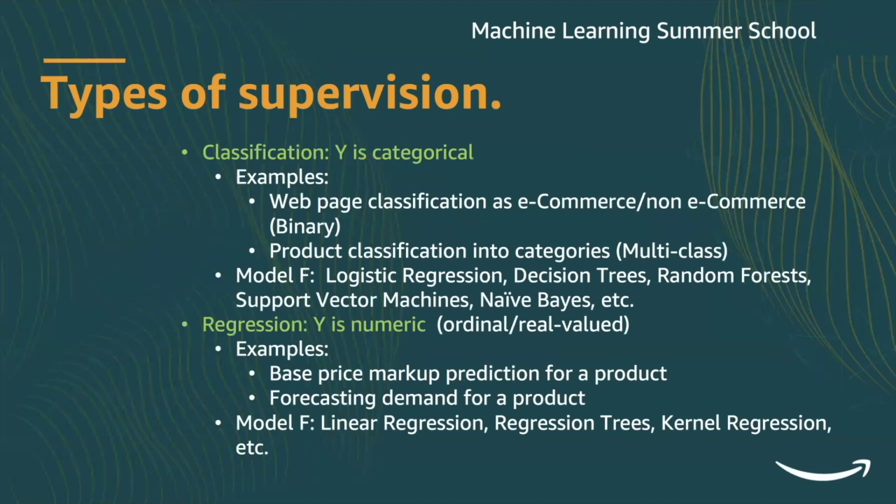These are essentially the two broad kinds of supervision. If you have Y that's categorical, or it's just classes 1, 2, 3, 4, and so on, it's called a classification problem. And if your Y is numeric, you have a regression problem. A classification problem is like if you want to classify into one of 100 products, or into the various categories you've got. And regression examples are like product demand forecasting or base price prediction and so on.